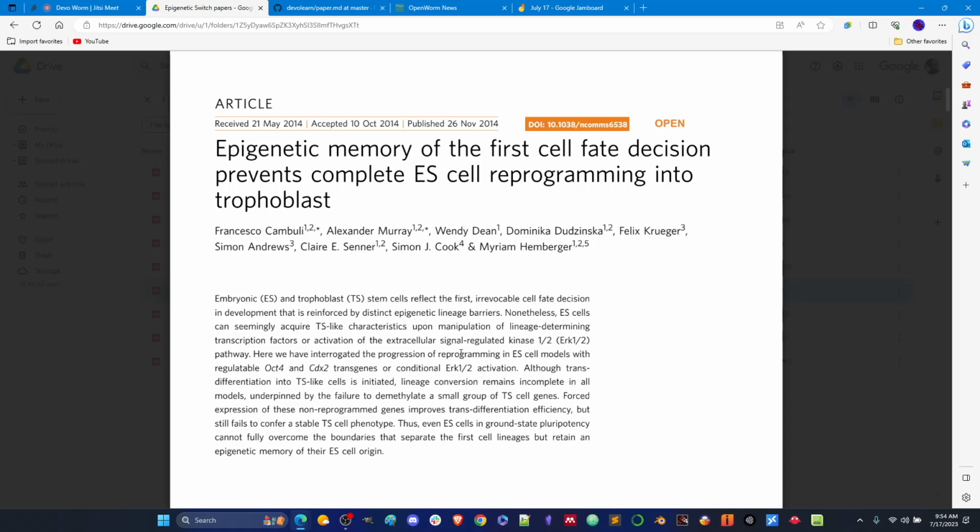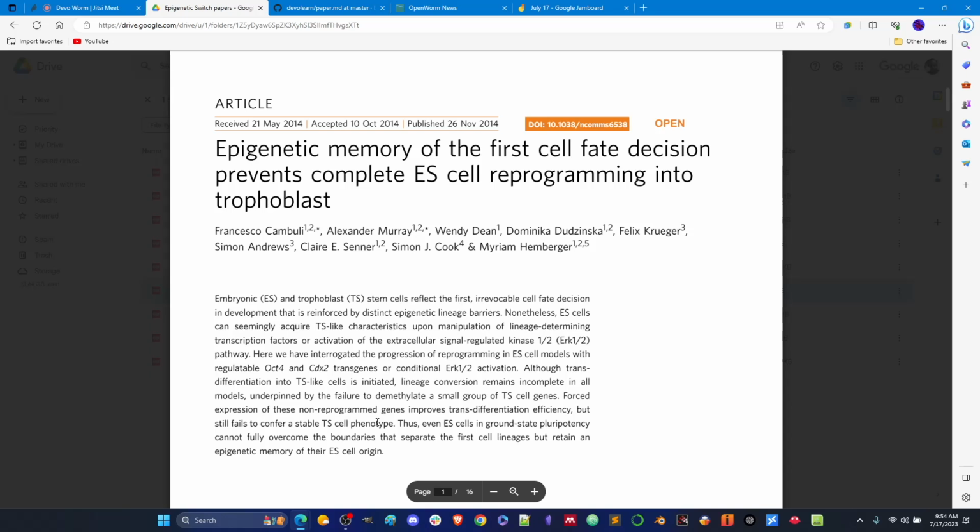They've interrogated the progression of reprogramming in ES cell models with regulatable OCT4 and CDX2 transgenes. Those are the genes involved in maintaining the stem cell state. They're able to initiate differentiation, but lineage conversion remains incomplete in all models, underpinned by the failure to demethylate a small group of TS cell genes.